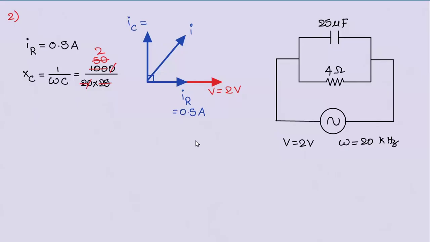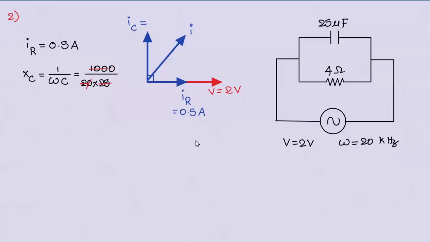Check the calculation. Sir, I got IC is equal to 0.5, sir. No, wait. 1 by omega C. Omega is 20 kilohertz only, right? Check it. Yes. 1 by omega. C is 25 microfarad. Just a minute.